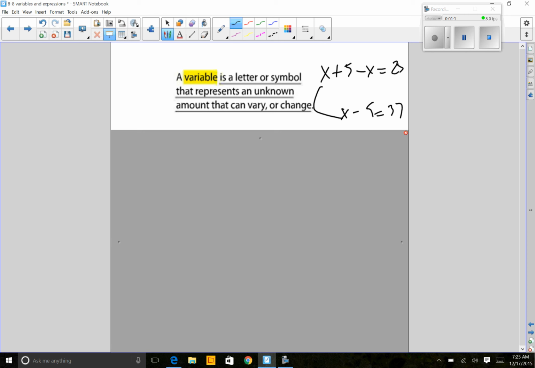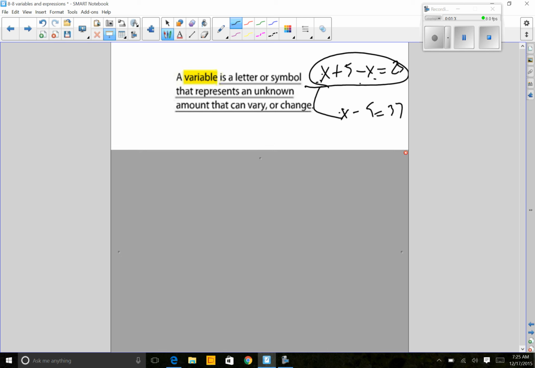So the idea is that a variable can vary, but within one expression, it wouldn't vary. That x would be the same as that x. Or if they'd paired up a couple of equations or expressions and you were using those expressions to solve each other, which really is what algebra is going to be, then they would be the same. But they do vary from, like, problem 5 to problem 9; they're probably different. I think that's a better way of looking at it.